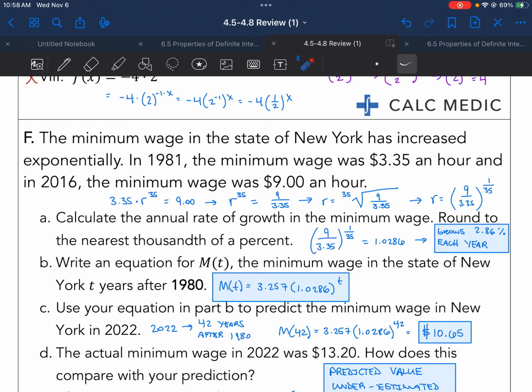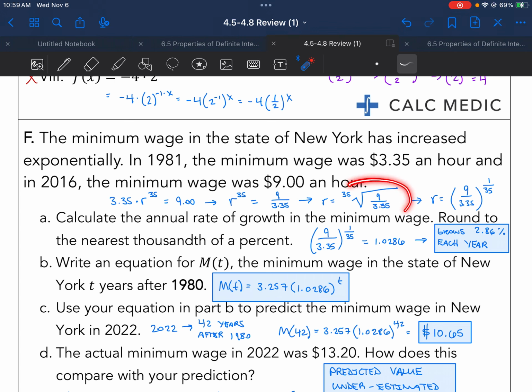That's R to the 35th power. And that would eventually, if you do 1981's minimum wage times 35 common ratios, that would get you to 2016's minimum wage of $9. Divide the 3.35 on both sides. Now we have R to the 35th power equals this, and you take a 35th root to find out R for just a single year, okay?